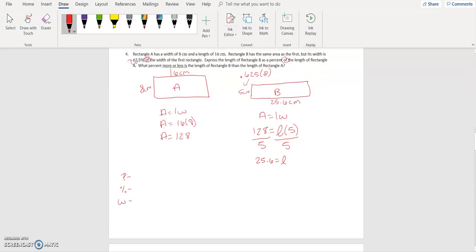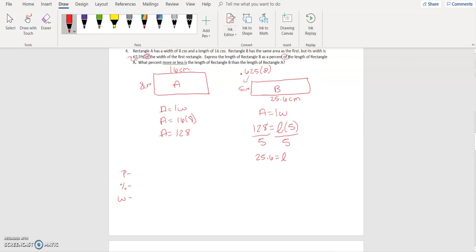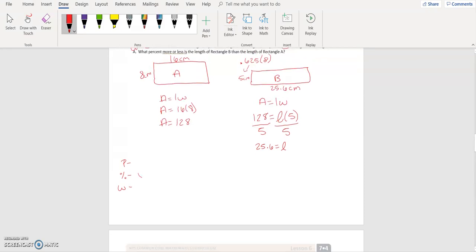It said of A, so a percent, we don't know, of A. The length of A was 16, so that's our whole, and our part, therefore, is going to be 25.6. Because our part is greater than our whole, we know we should be getting a percent that is greater than 100, because it was bigger.